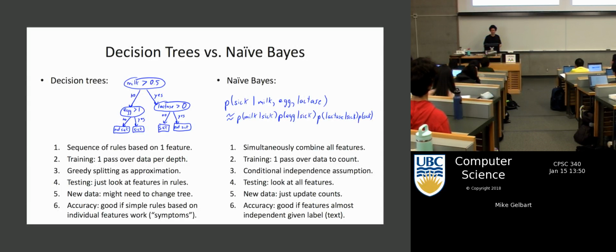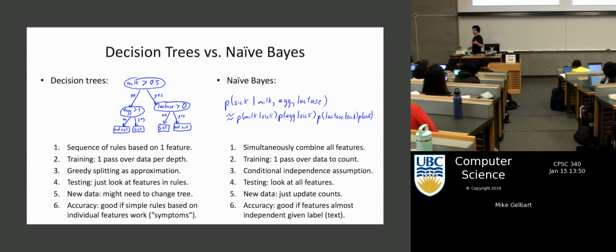So comparing naive Bayes to decision trees, which we've already talked about. With naive Bayes, we're using all the features at once. We're not just looking at them one at a time. And we have a conditional independence assumption that may or may not be perfect, just like with decision trees, our greedy algorithm may not be perfect.